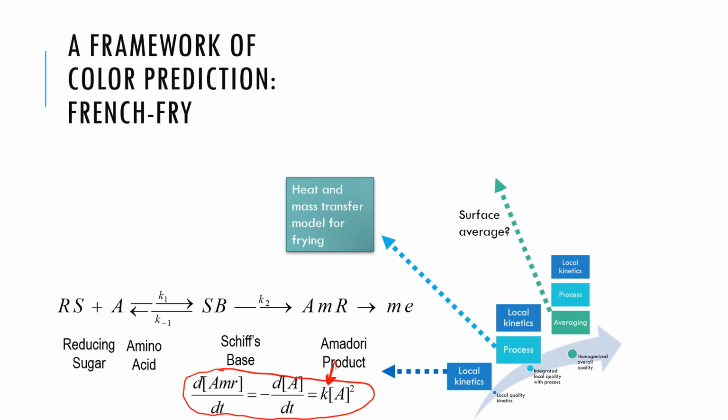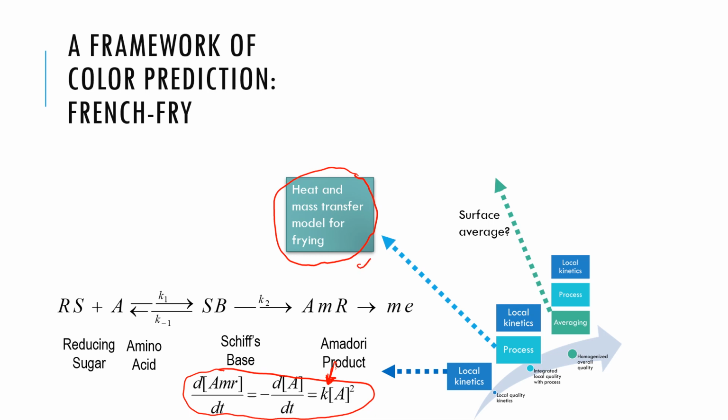Temperature comes from the mechanistic description of the frying process. So the heat and mass transfer model, for example, for the frying process would give me these temperatures and moisture. So now we can combine these two.